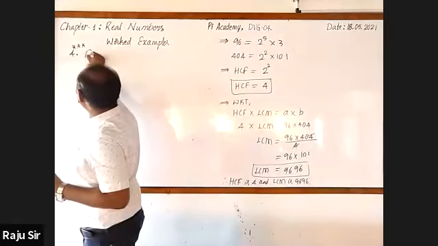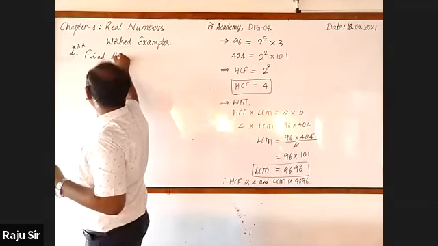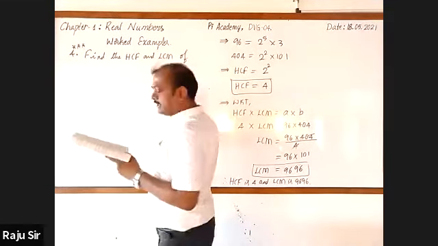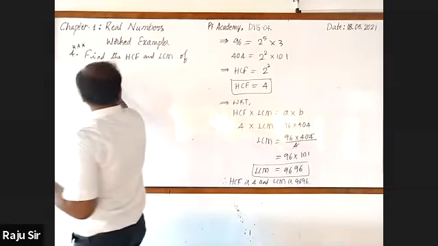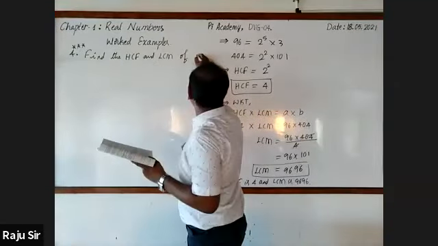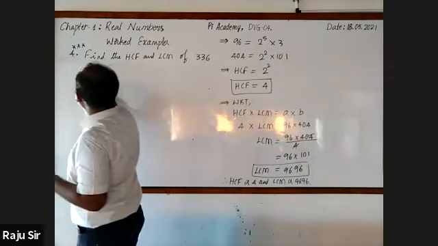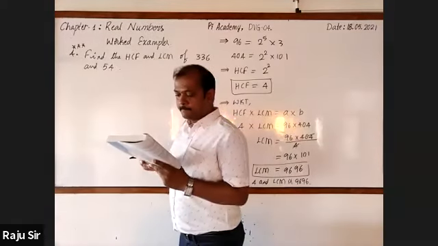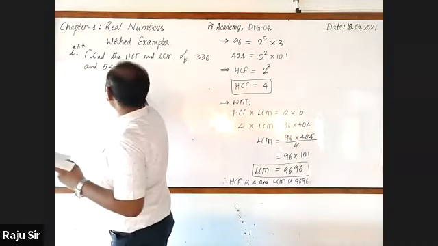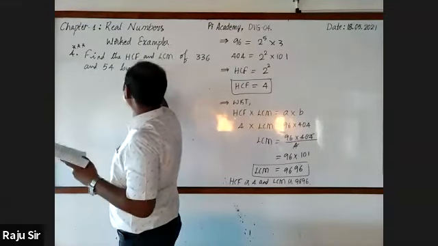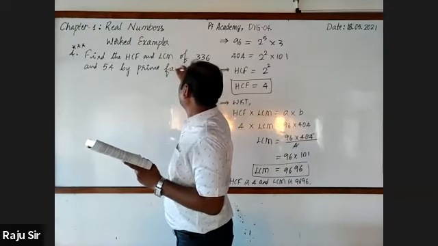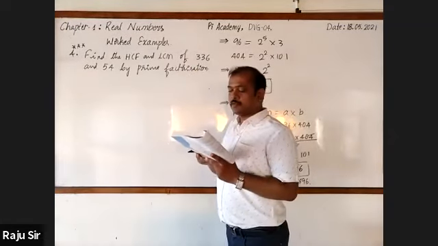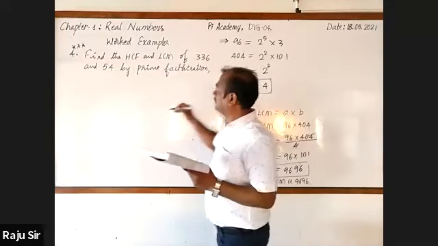Find the HCF and LCM of 336 and 54 by prime factorization, nothing but FTA, and verify that HCF into LCM is equal to the product of the two numbers.